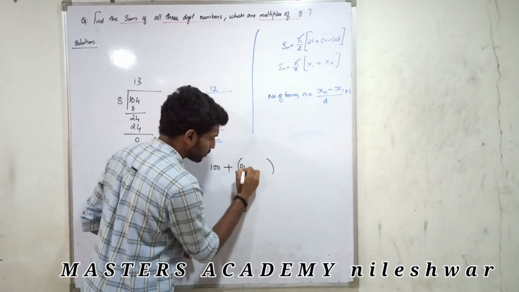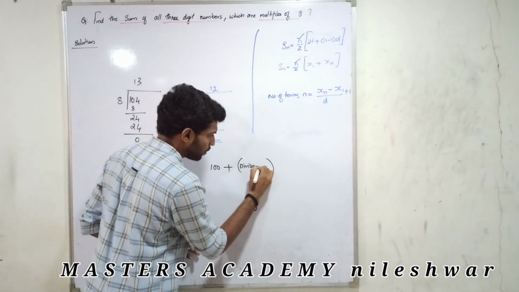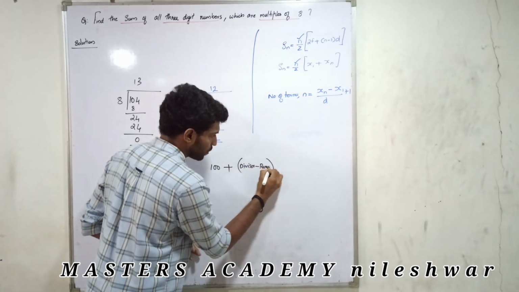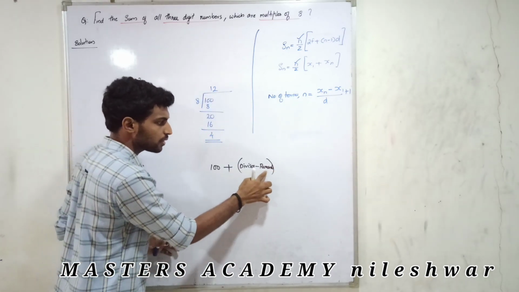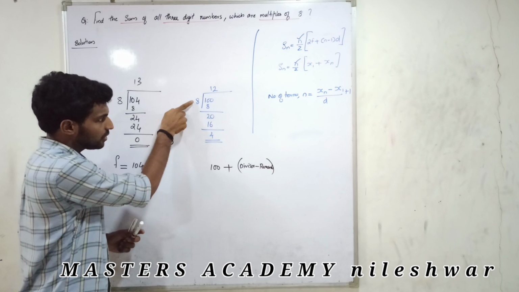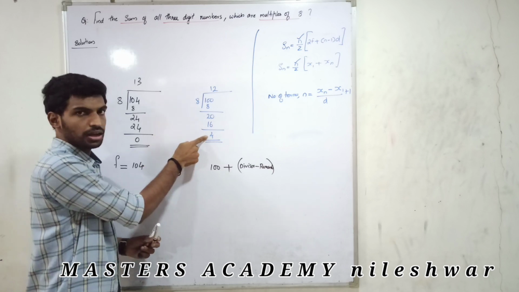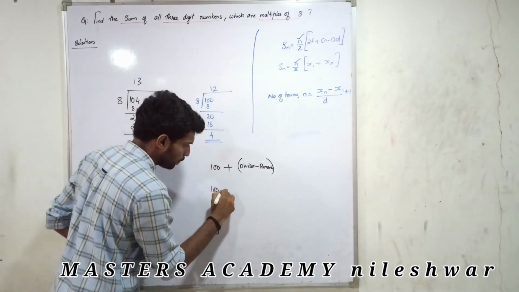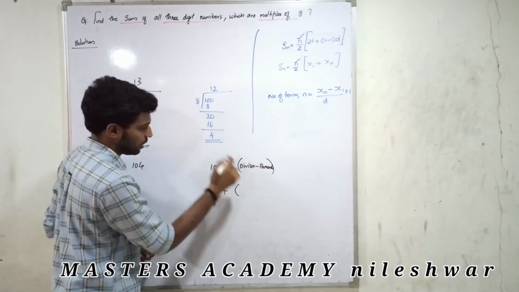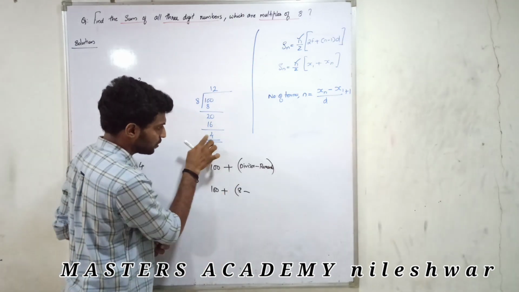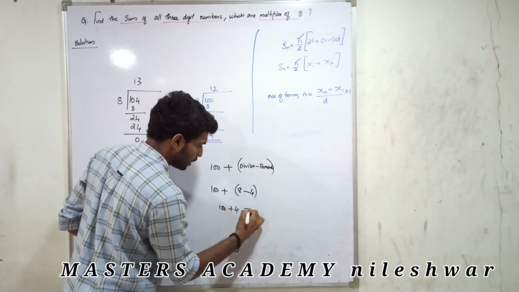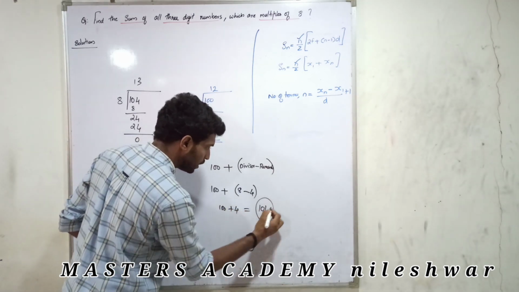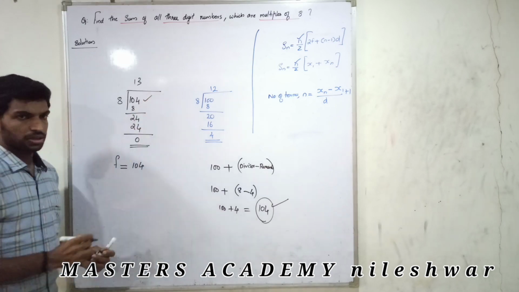That number is divisor minus remainder. Okay, first always write 100 plus divisor minus remainder. We know that this is the divisor and this is the remainder. So 100 plus divisor, that is 8, minus remainder, 4, gives us 104.